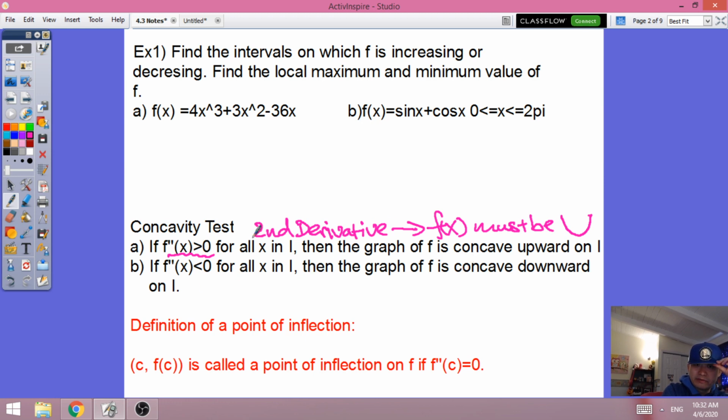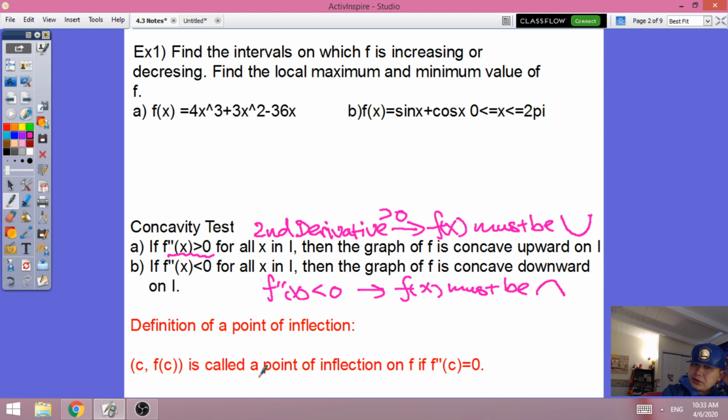So if this one is less than 0, that implies f of x must be concave down. If the second derivative is greater than 0, it's a happy face parabola. But if it's less than 0, f of x must be a sad face, because that's upside down.